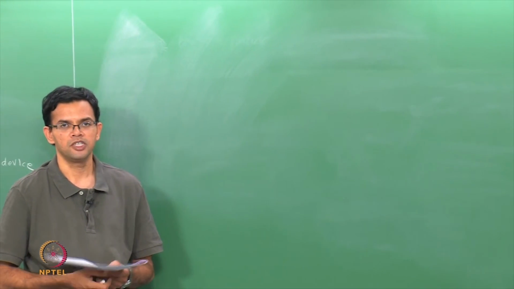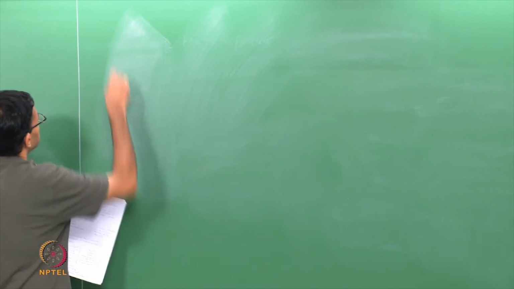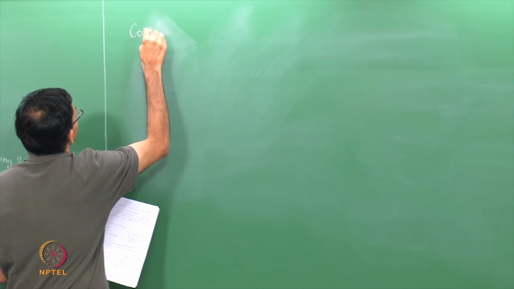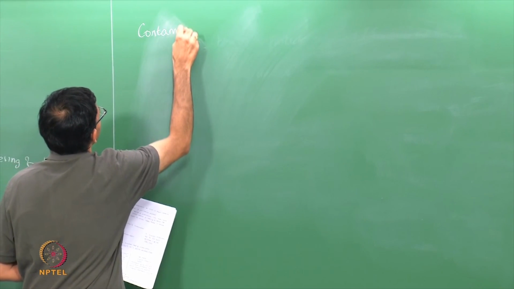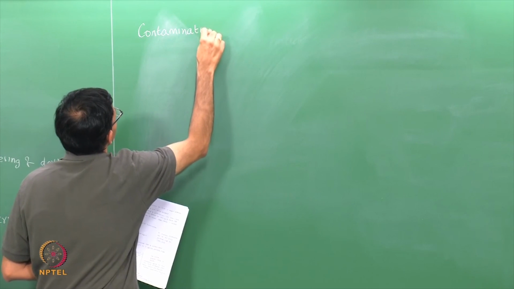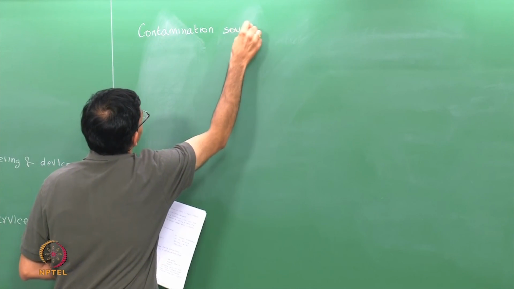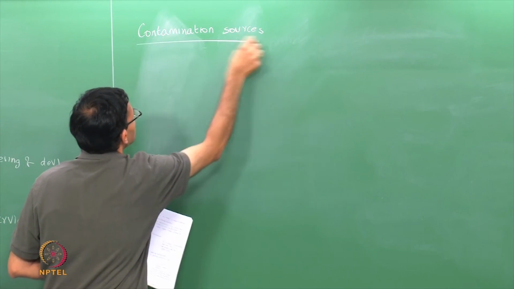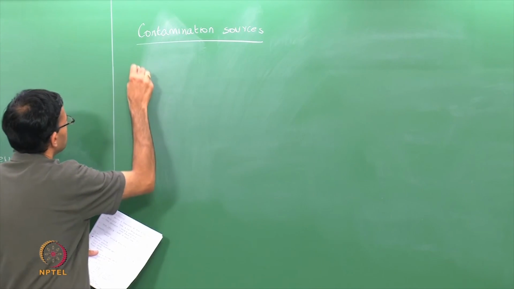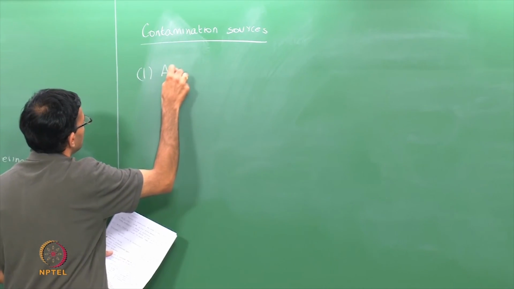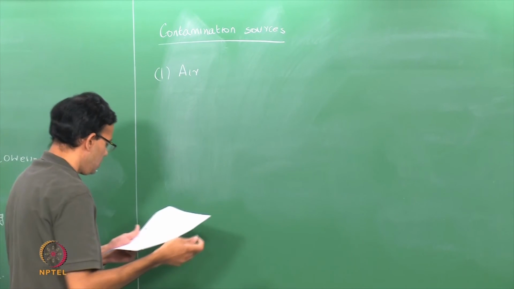So what are some of the general sources of contamination in the fab? The first of course is the fab air or the fab atmosphere.